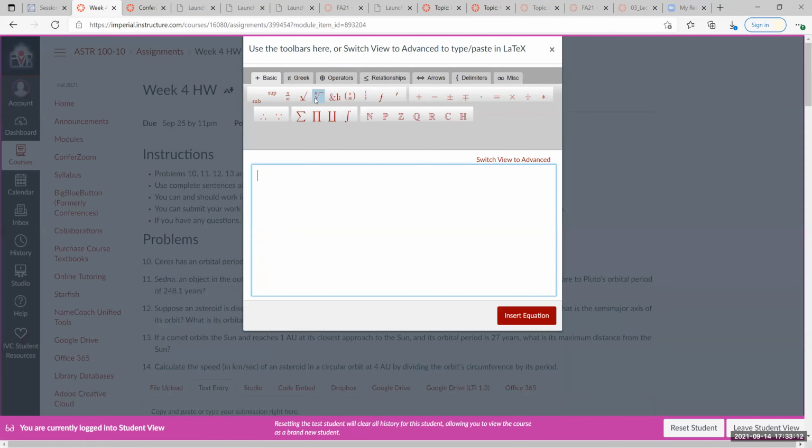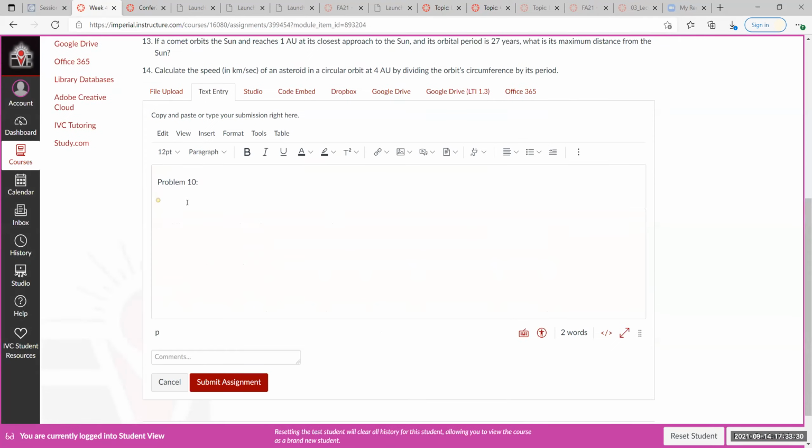If I do insert math equation, it gives me this visual thing. So if I need a fraction, I can do, for example, 2, and I can click inside, for example, 3. And I can do the cubic root in here, for example. I have to put 3 in here, and I have, for example, 27. So again, this is one way for me to insert equations. Now look, all of the equations have been entered. So if I need to do equations, that's one way of doing it. You don't have to do it this way. This is just an option.